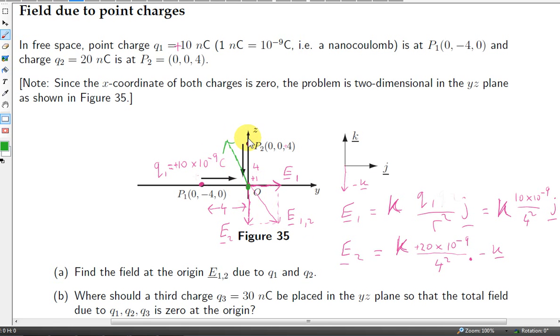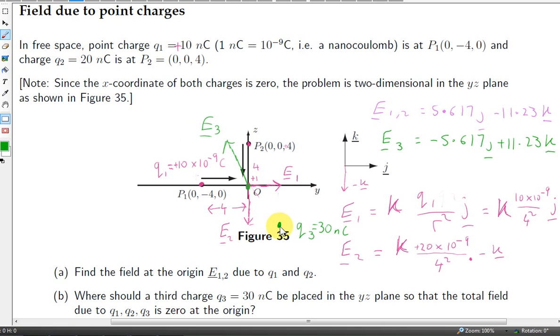So this is the vector due to charge Q3. We can call it E3. So here is vector E12 that you saw worked out, and E3 is got by negating vector E12. Now Q3 is plus 30 nanocoulombs, so Q3 would have to be down here somewhere, because we want a repulsive force on a unit positive charge at the origin.